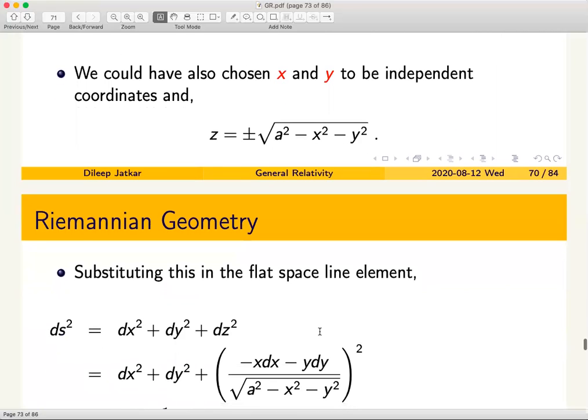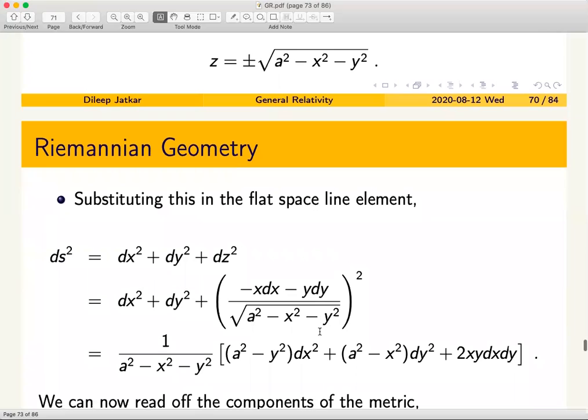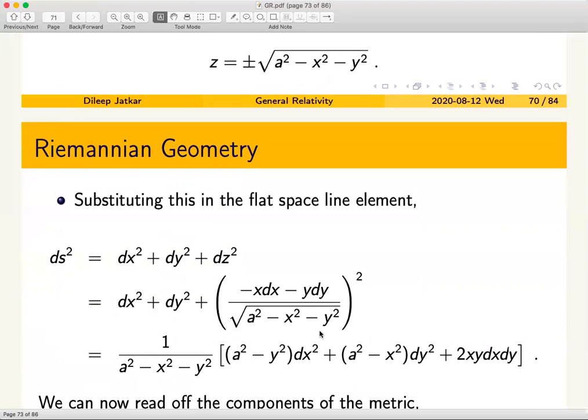Here is the manipulation that we will do. Given that z is written in this particular form, you can figure out that dz can be written as minus x dx minus y dy upon the square root of a squared minus x squared minus y squared.